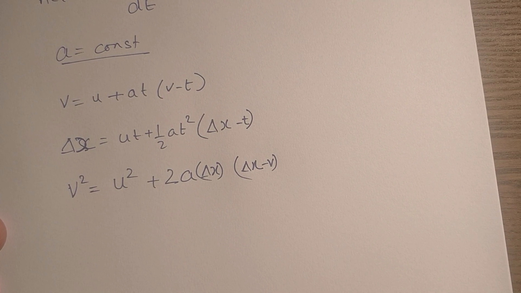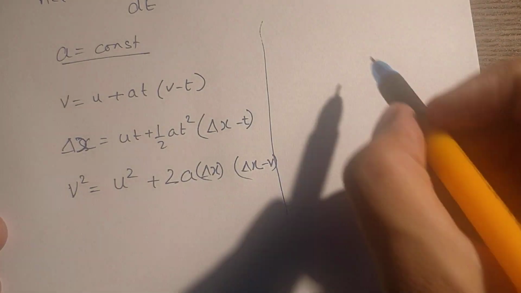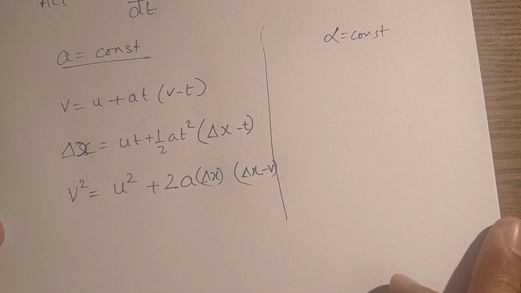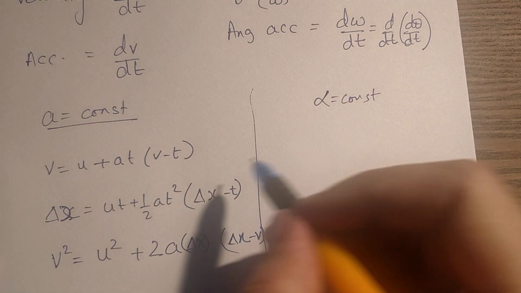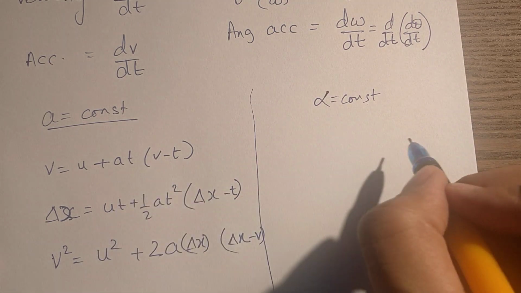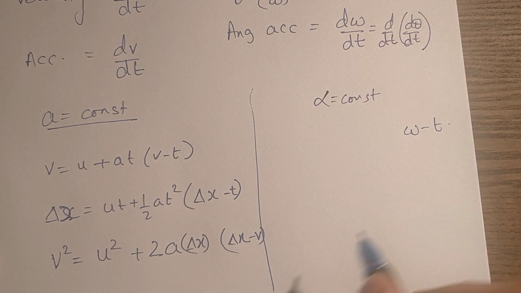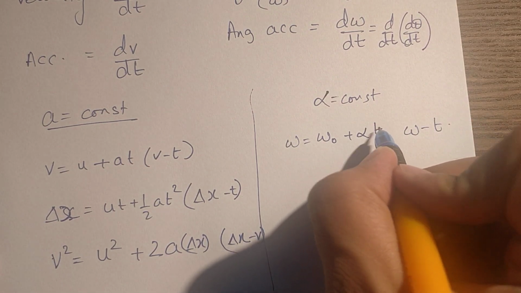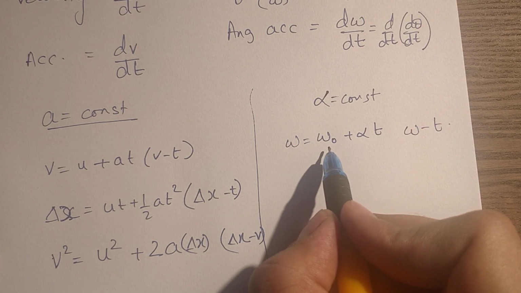Similarly I can define the equations for circular motion if alpha is constant. The first equation is the omega t relation, which is omega is equal to omega naught plus alpha t. Omega naught is the initial angular velocity.